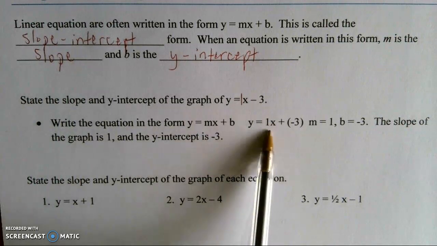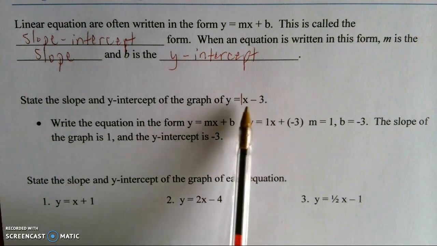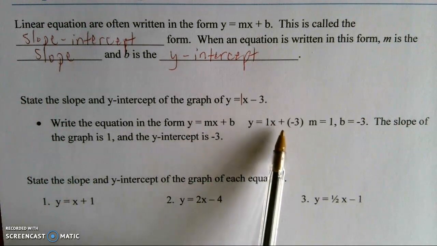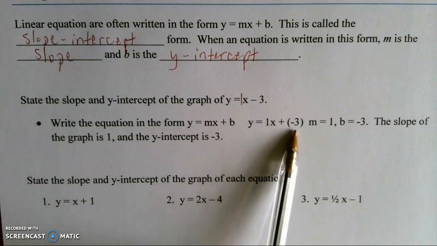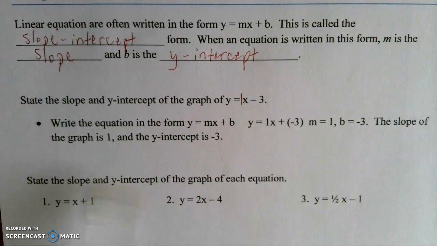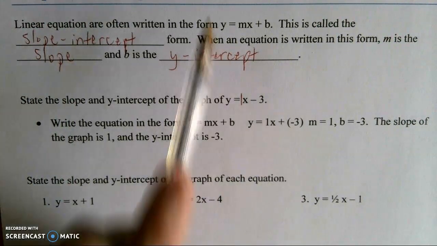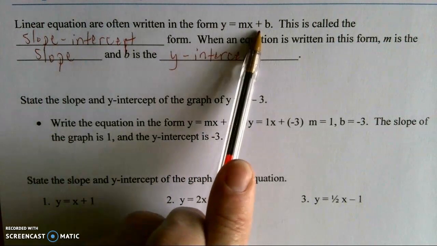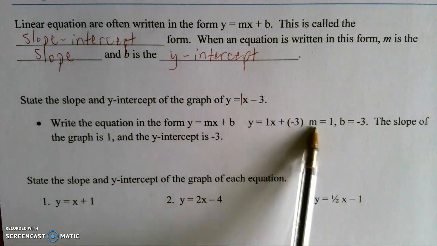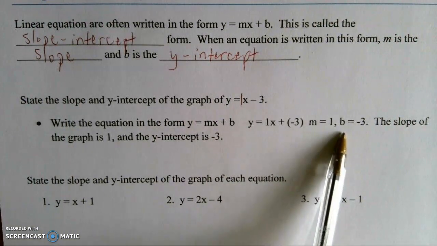I'm going to include that 1, because 1 is going to be my slope, and notice that I'm going to change this from subtraction to adding -3, because subtraction means add the opposite. So as I look at this in slope-intercept form, which is mx plus b, I now know that the slope of the line is 1 and the y-intercept is -3.